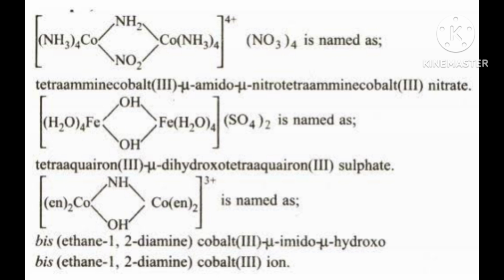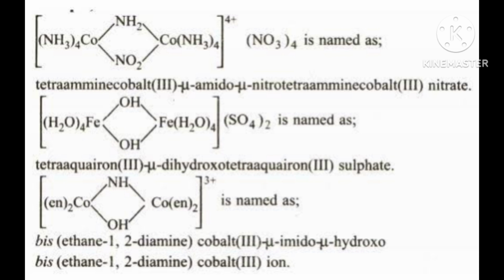Names of the anionic ligands end in O, correct? Those of neutral and cationic ligands are the same, except aqua for H2O. These are the exceptions. For H2O you write aqua. For NH3, ammonia, you write amine.